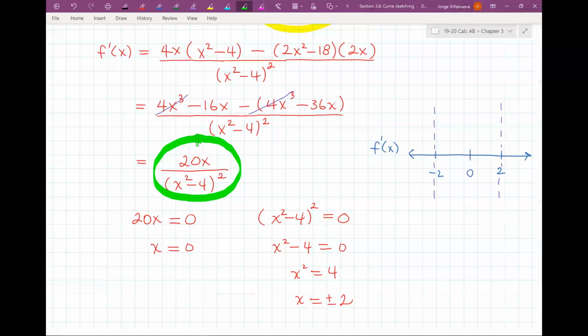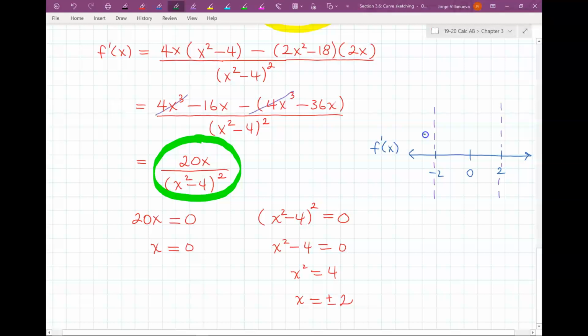I'm going to give you a second. If you were to plug in a negative 3 into that function, would the answer be positive or negative? I don't care what the answer is, but would it be a positive or a negative value? If anybody thinks you know, just raise your hand.